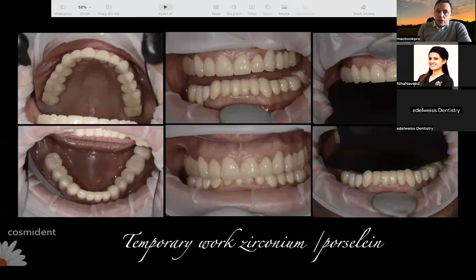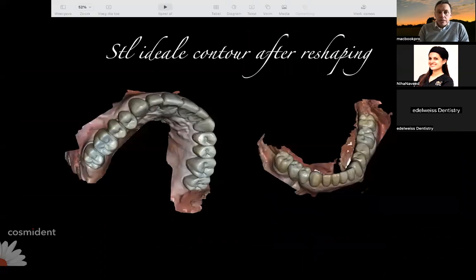The problem which I encountered, and that's the reason why I show you this case, is that if you want to go with full zirconium in a big case like this, where you have to augment the occlusion by almost 8 millimeters, you have to take time, and it takes a long treatment period, because otherwise, if you go immediately to zirconium, the patient experiences malocclusion and pain in his TMJ.